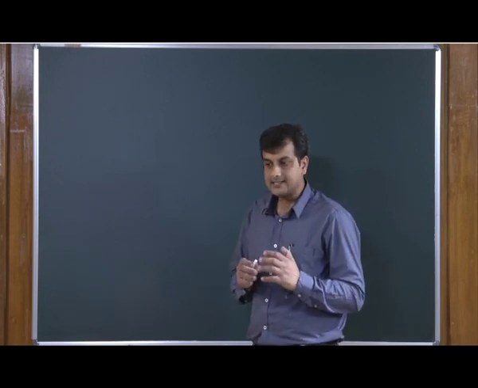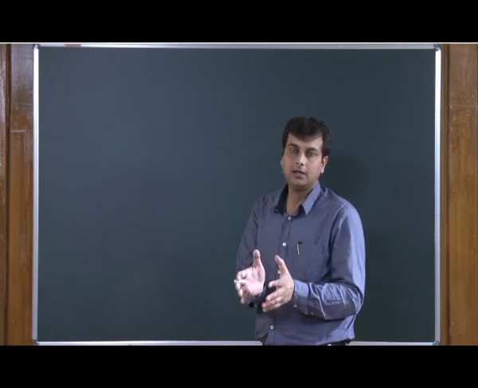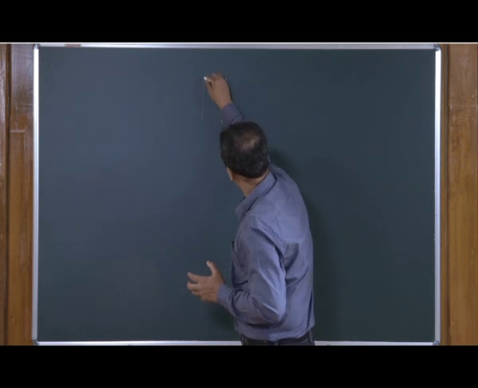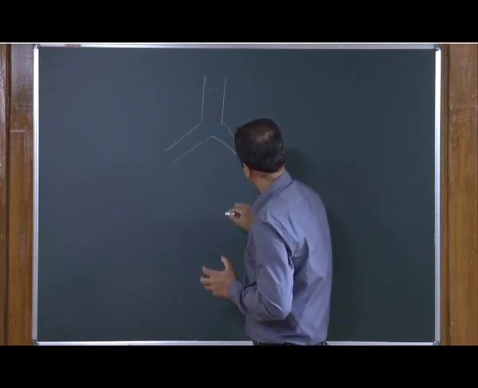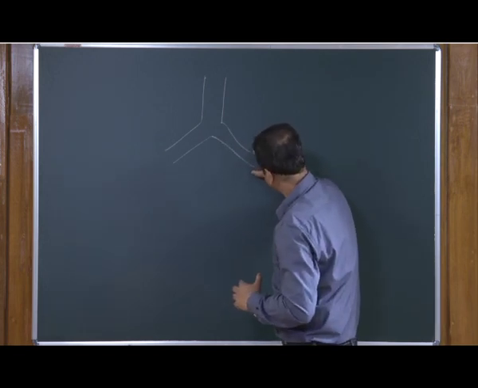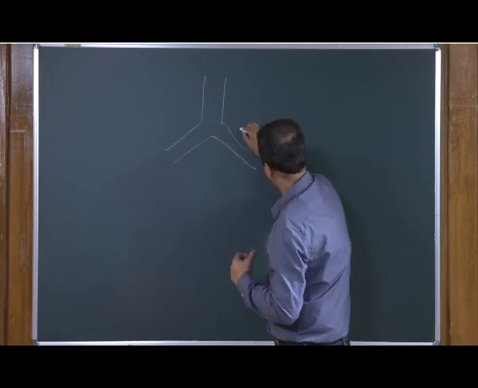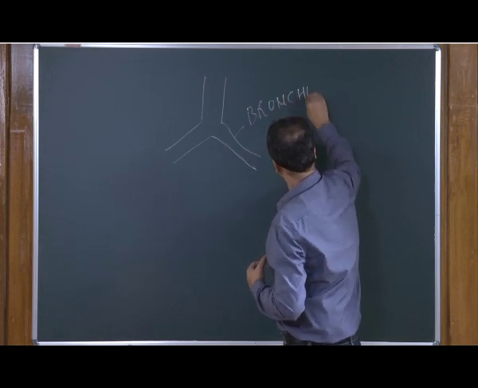So to understand the alveoli, what is there in the alveoli? Say this is our trachea, and this trachea is bifurcating at the level of the 5th rib, and then these specific terminal branches we call bronchi.